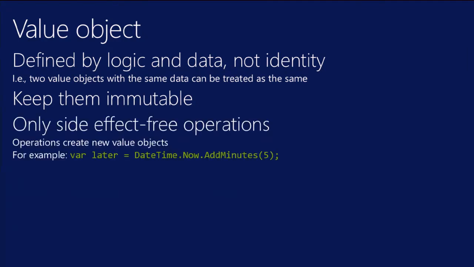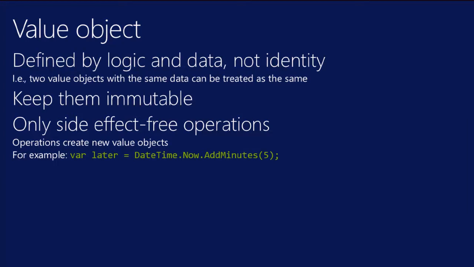So when we deal with these value objects, we should only allow side effect-free operations. And what that means is that when we do an operation to change anything on a value object, we don't change the value object, we create a new value object. So consider DateTime.